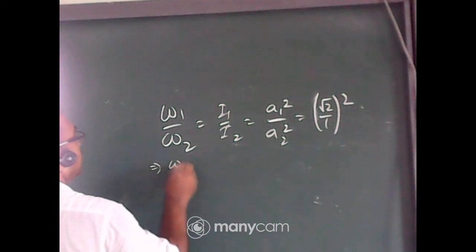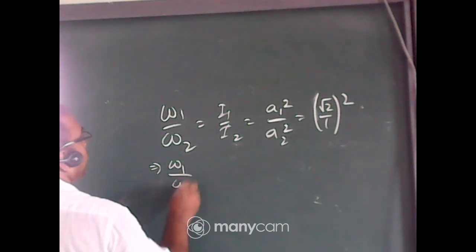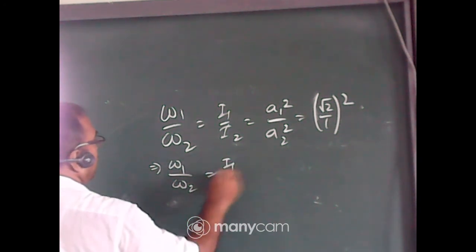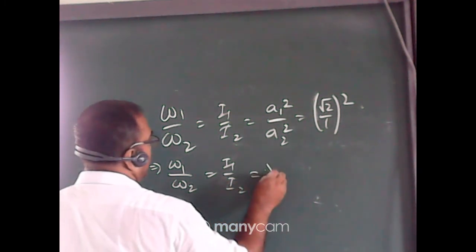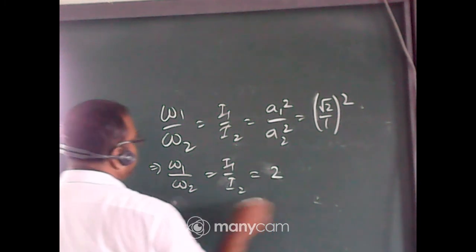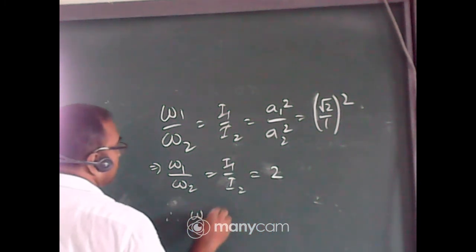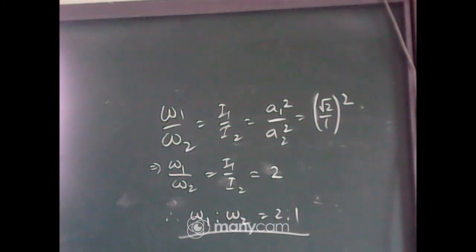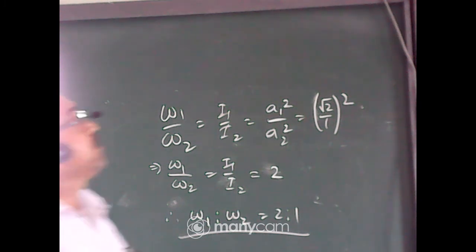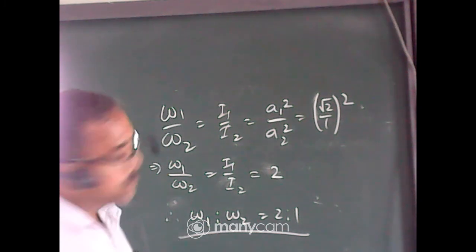That is, W1 by W2 equal to I1 by I2 equal to 2. So my dear students, try to complete this type of numerical in this chapter.